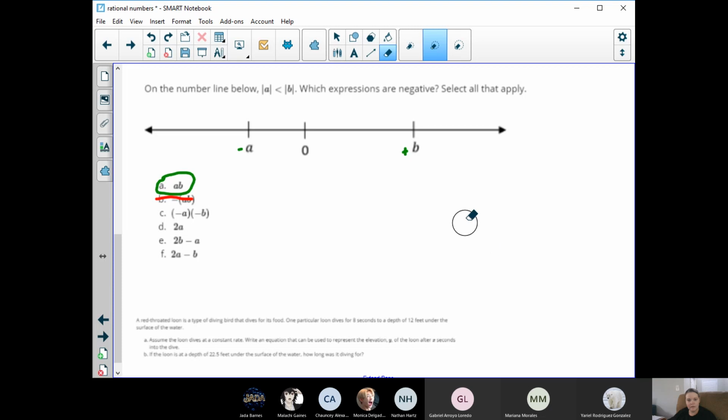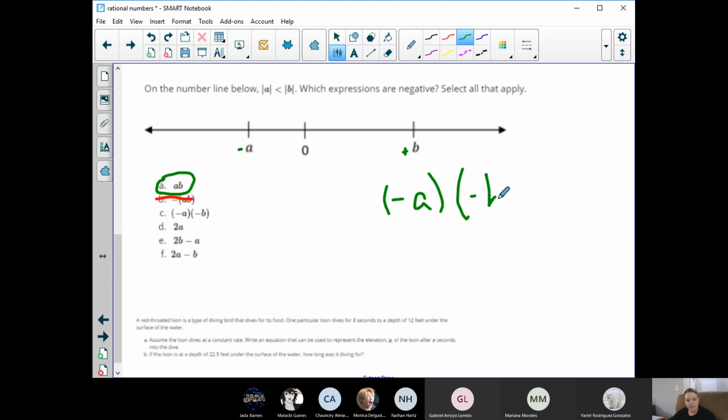All right. What about the opposite of A times the opposite of B? Would that be positive or negative? The opposite of A times the opposite of B. It's going to be positive. I'm seeing two different answers here. All right, so let's start with B here.